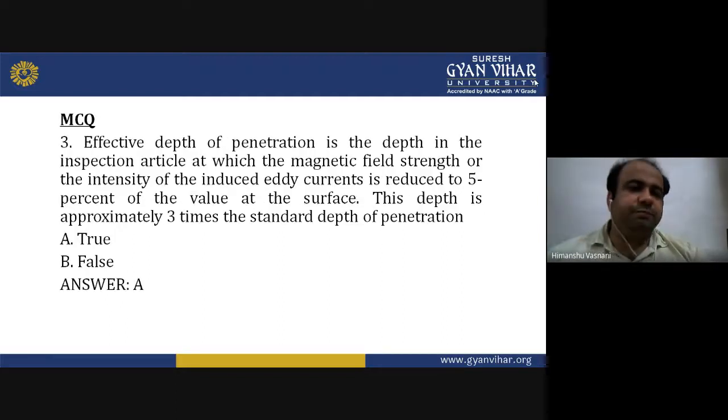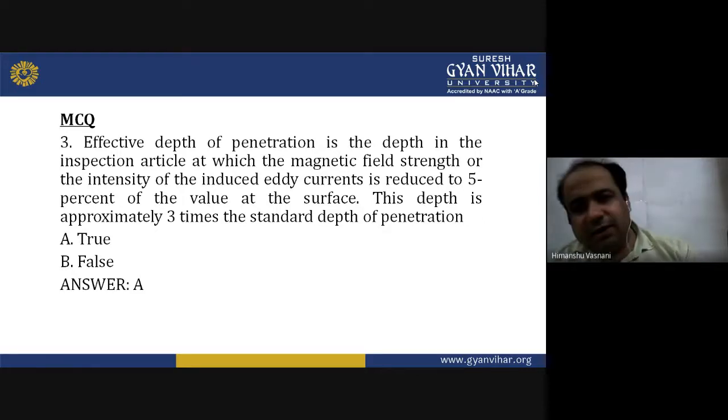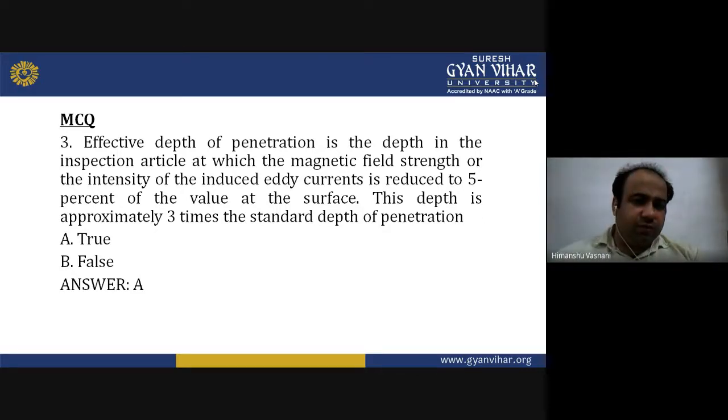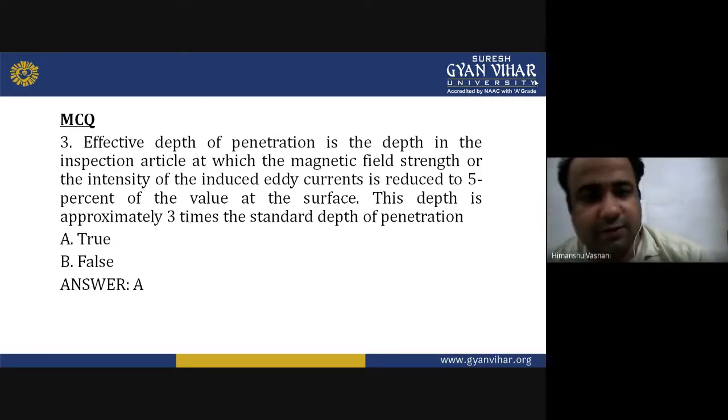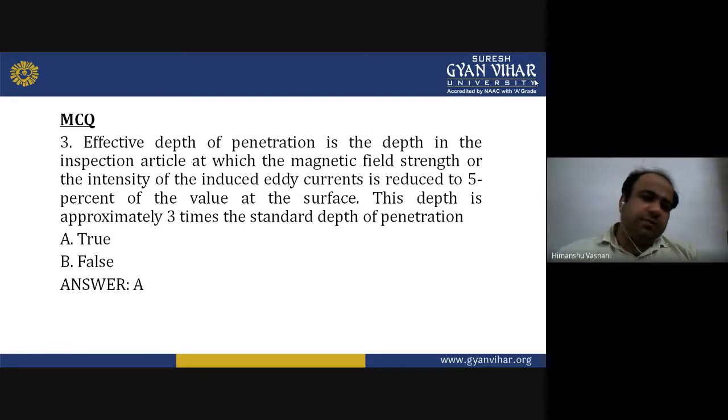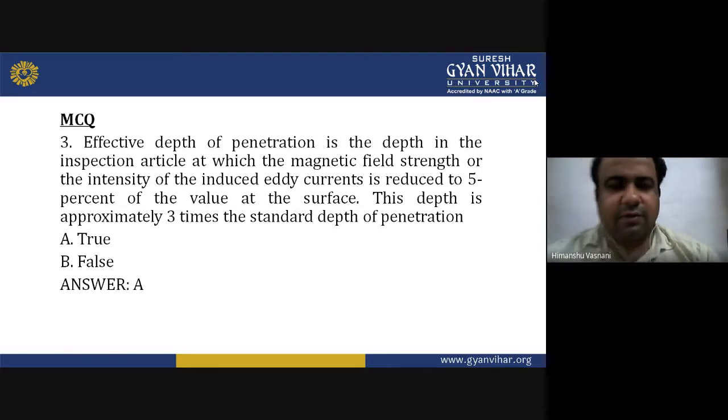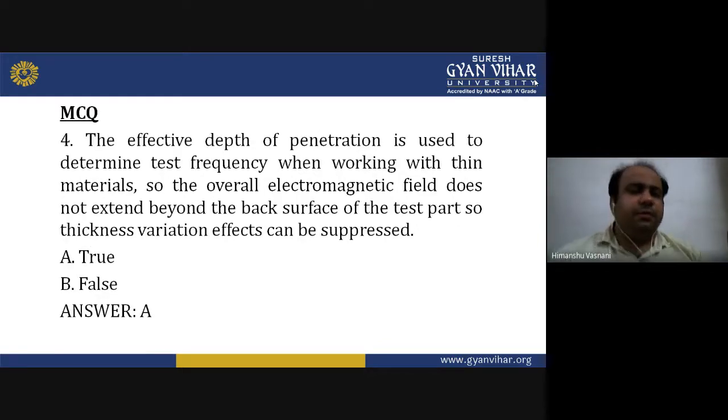Next, the depth in the inspection article at which the magnetic field strength or the intensity of the induced eddy current is reduced to 5% of the value at the surface is approximately three times the standard depth of penetration. It's true.